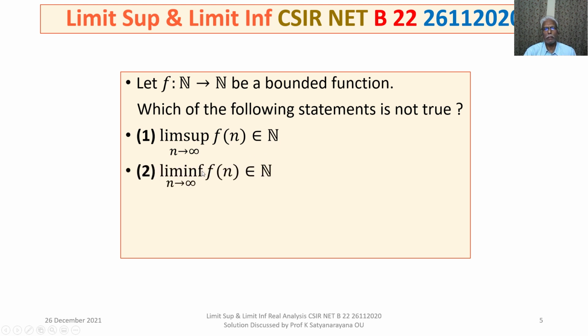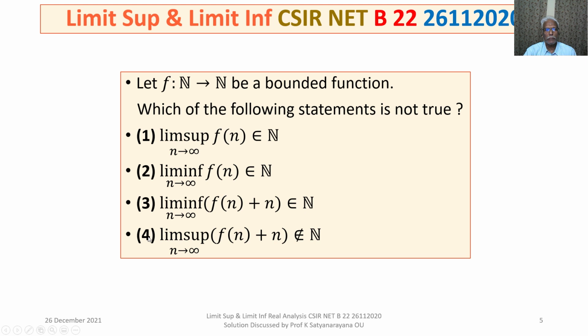Limit inferior of f(n) belongs to the set of natural numbers. Option 3. Limit inferior of f(n) plus n belongs to the set of natural numbers. And option 4. The limit superior of f(n) plus n does not belong to the set of natural numbers.